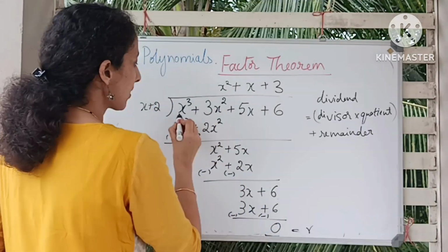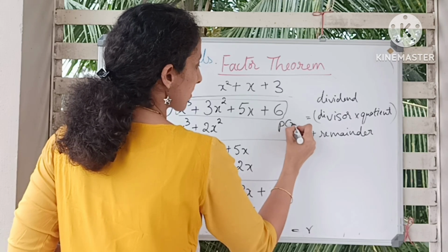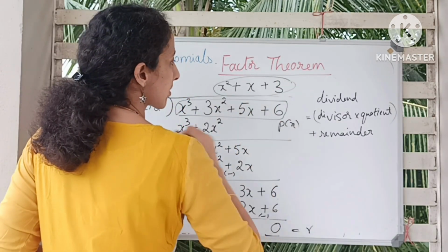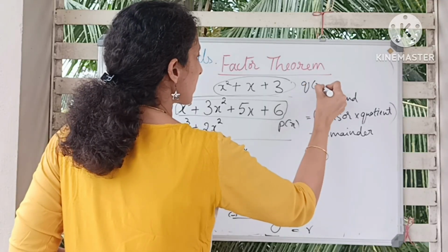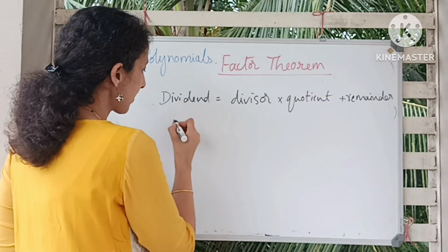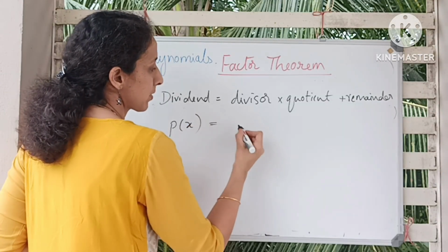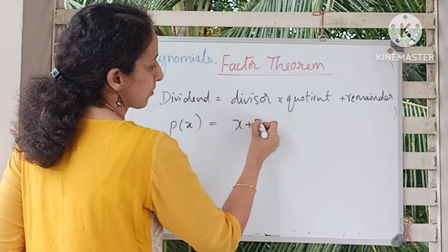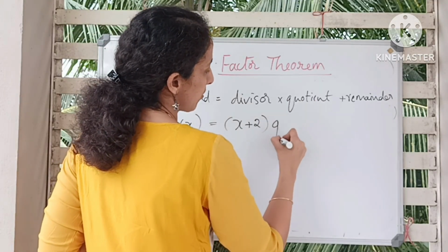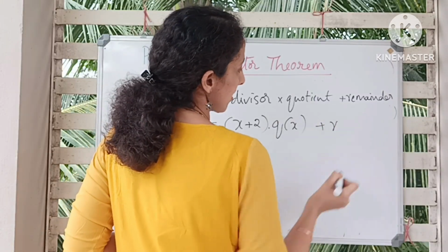So if I denote this as p of x and this as the quotient q of x, then I will get dividend, that is we have denoted as p of x, is equal to divisor, that is x plus 2, and quotient we have put as q of x and the remainder r.